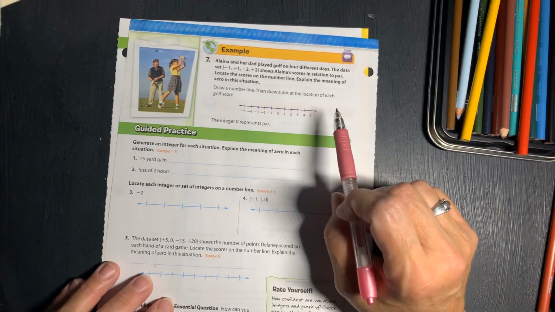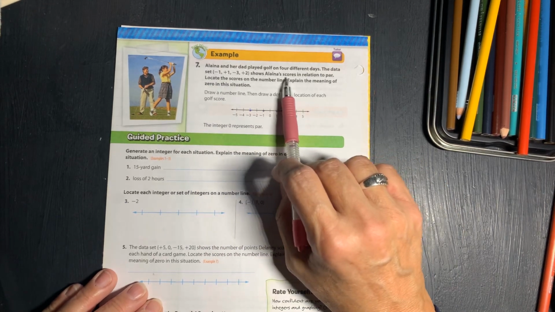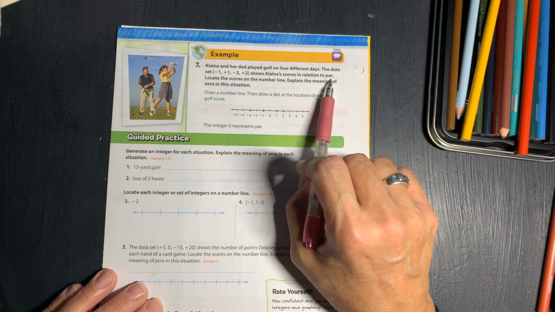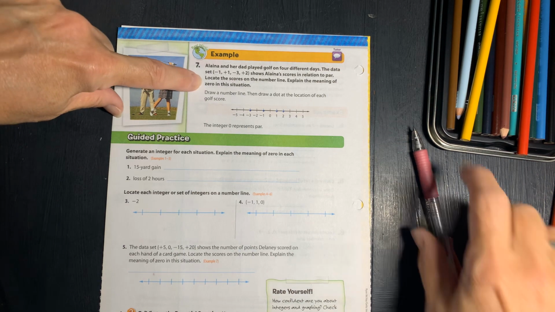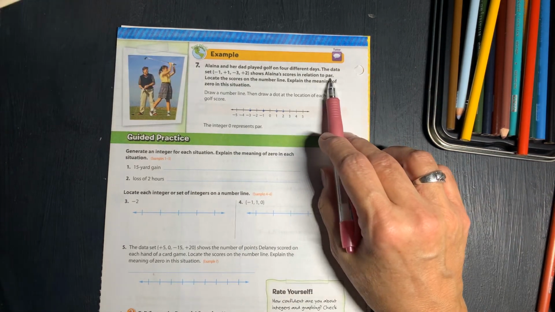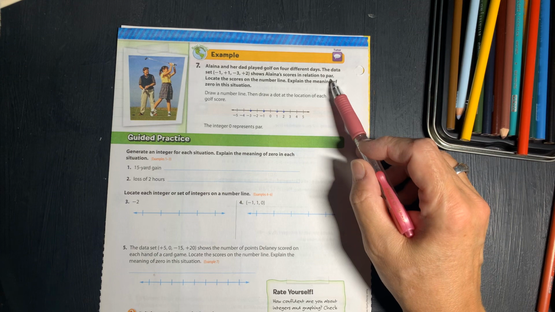Okay. Now looking on the back. It says Alana and her dad played golf 4 different days. The data set shows Alana's scores in relationship to par. Now, if you don't know about golf, par is how many strokes it should take to get the ball into the hole. If you're playing 9 holes of golf, the first hole, they're saying that the par is 4.